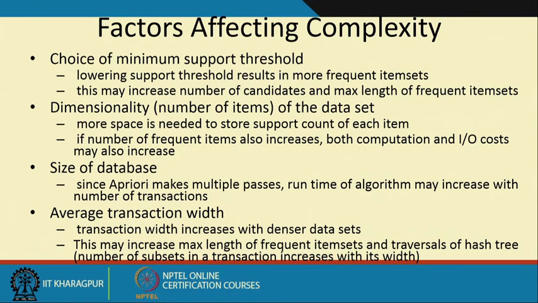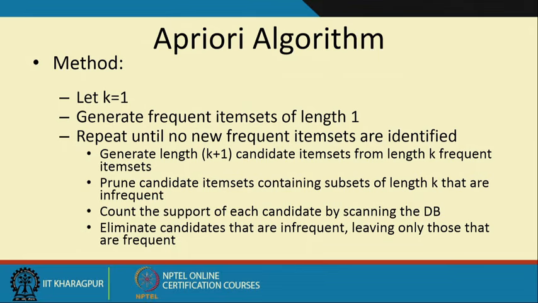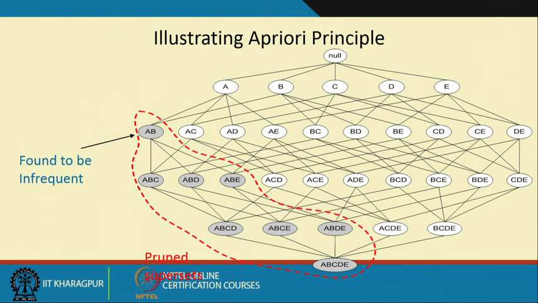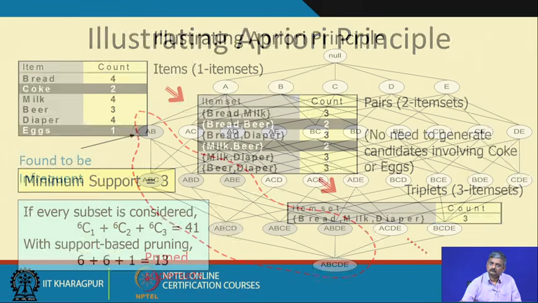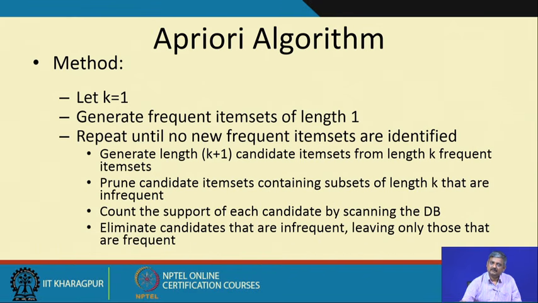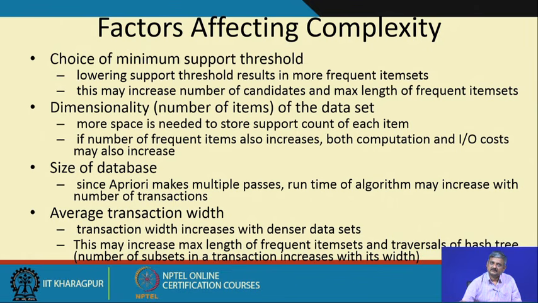All this will affect it, but still what will happen is that you no longer evaluate all these 2 to the power d item sets. Many of them will be pruned in this process.